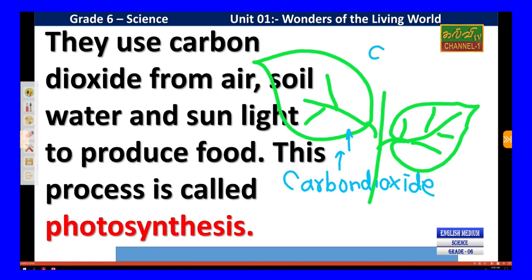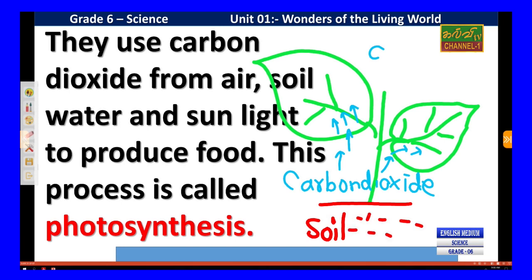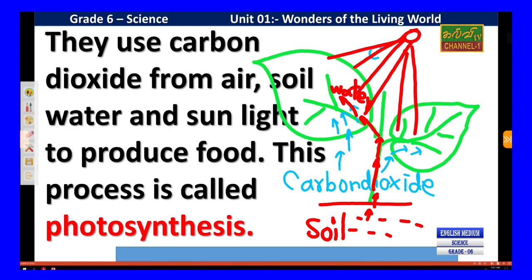It can go inside the leaves. Carbon dioxide can go, and at the same time water from the soil. Water can move through the plant and be sent here. What happens? In front of the sunlight, it can produce food. That is called photosynthesis.